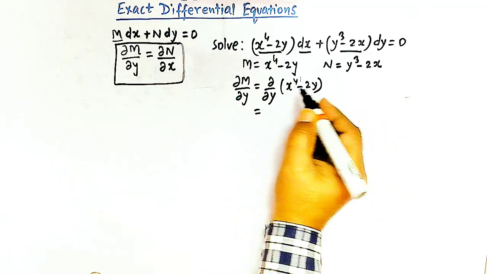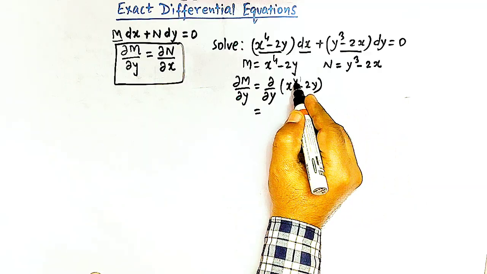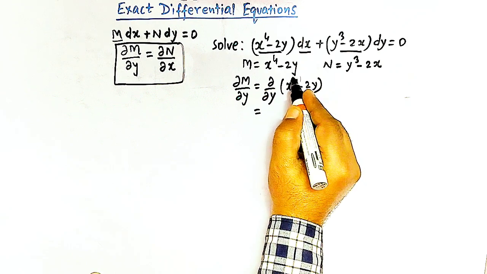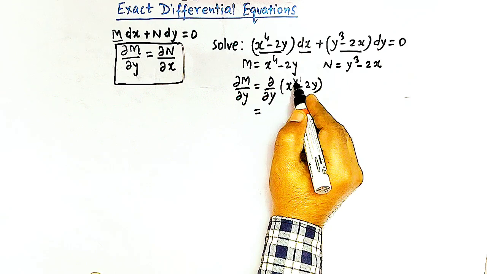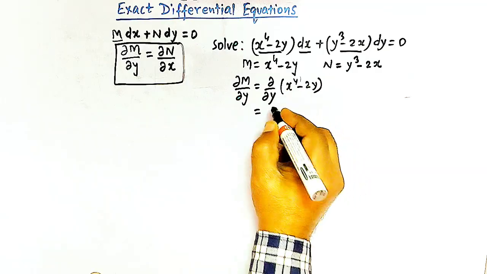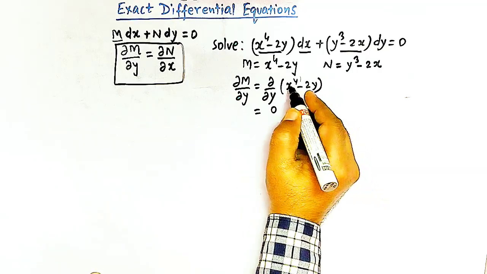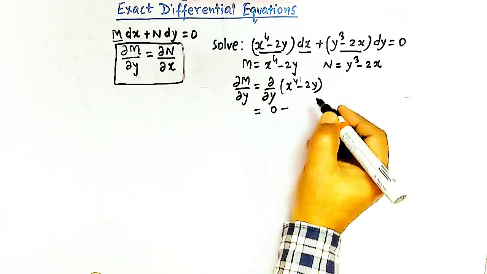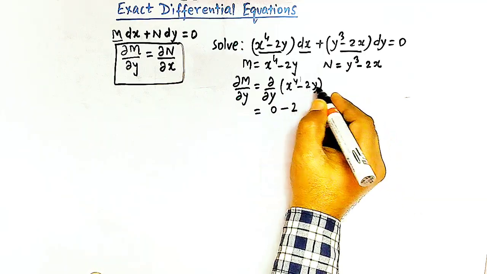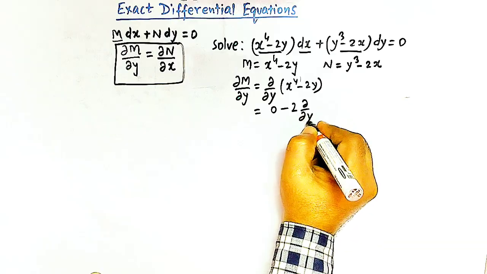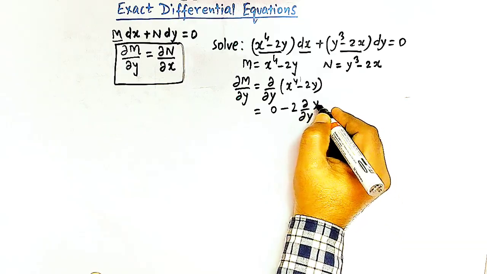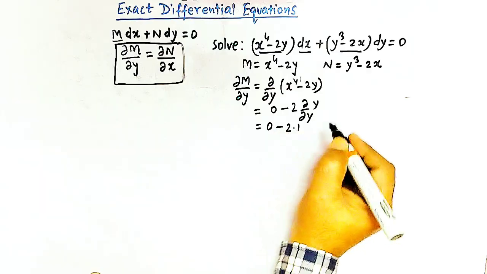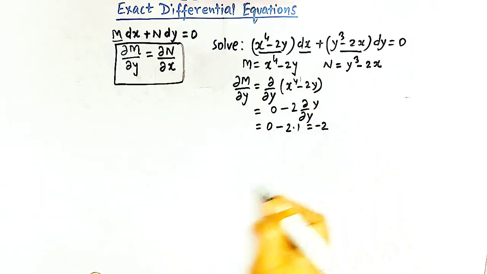The term x to the power 4 does not contain any y, so its derivative with respect to y is 0, because we are dealing with partial differentiation. Then we have minus 2 times the partial derivative of y with respect to y, so 0 minus 2 times 1, that is minus 2.